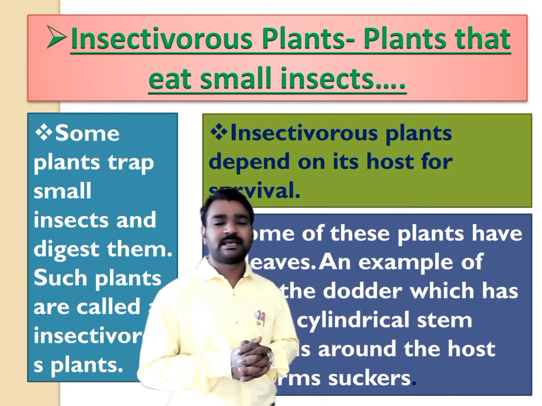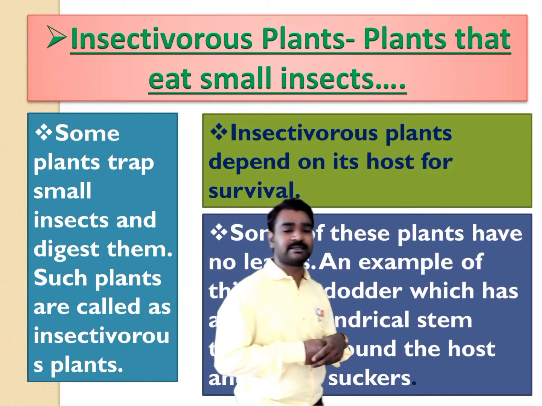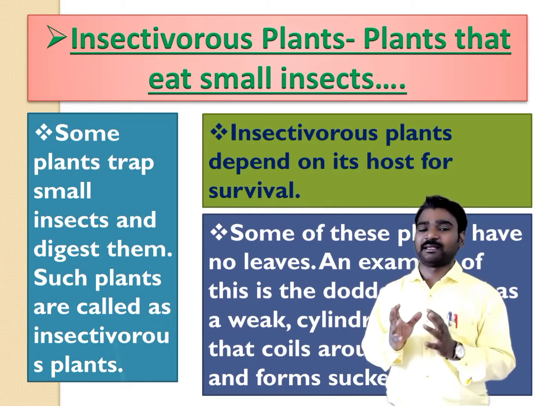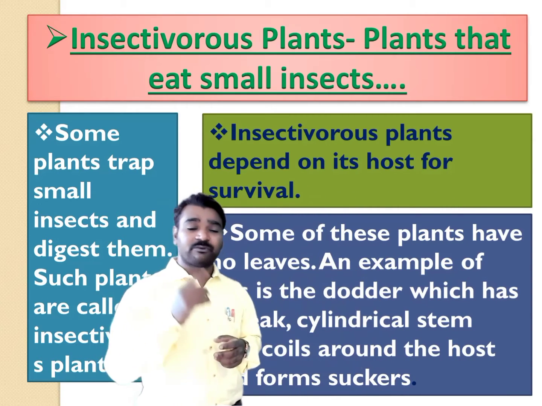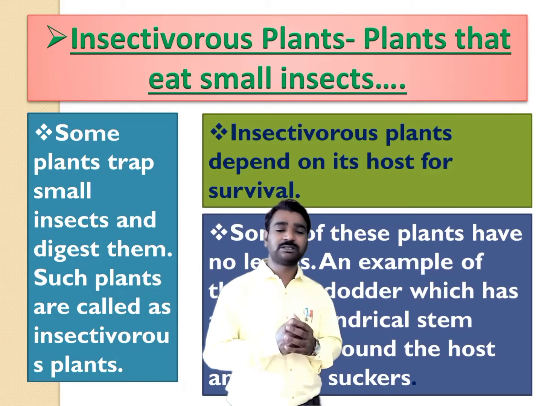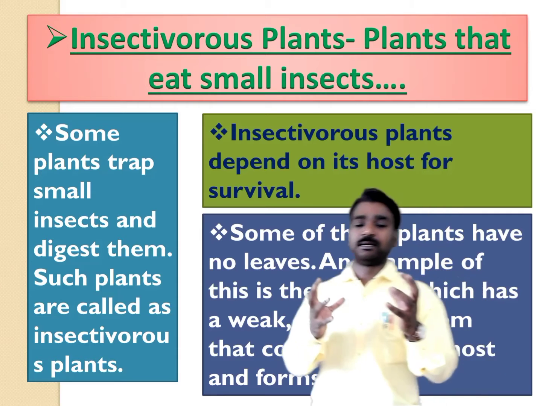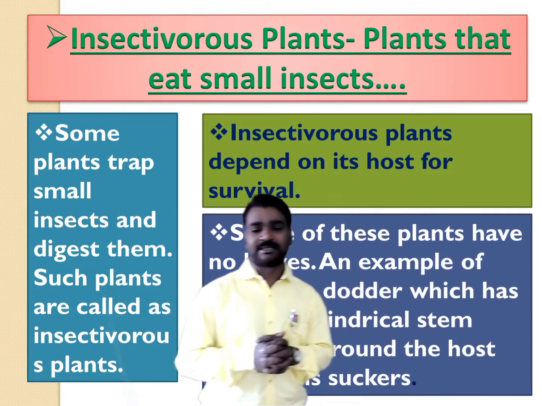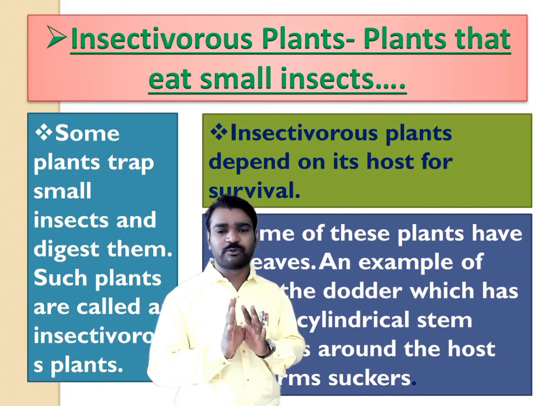Some of these plants have no leaves. For example, dodder has no leaves, but it has a weak and cylindrical stem which coils around the host and traps the insects.